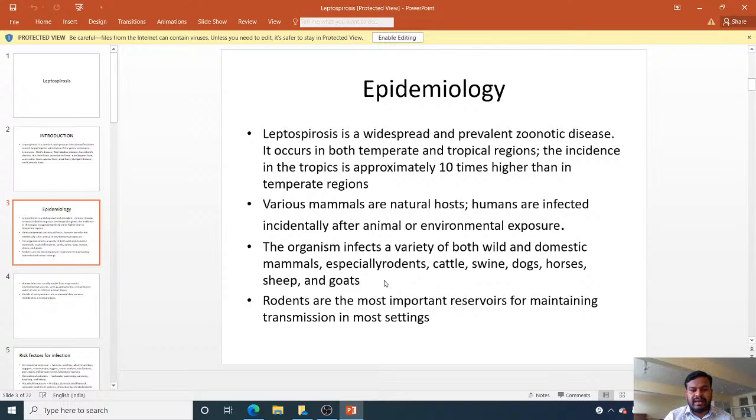People usually consume cattle, sheep and goats, so if any of the cattle is infected with leptospira, the patient might contract this infection.